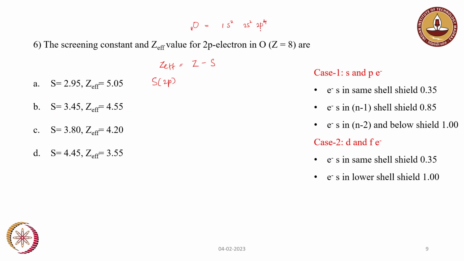Here n is 2, since we are asked to calculate for the 2p electron, and n minus 1 is 1. So we can calculate the shielding constant.